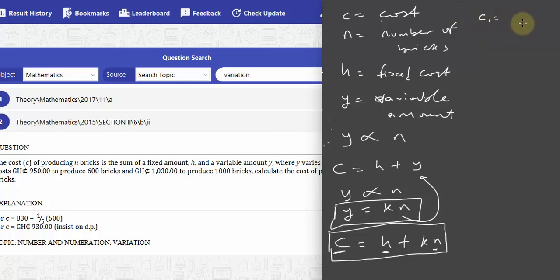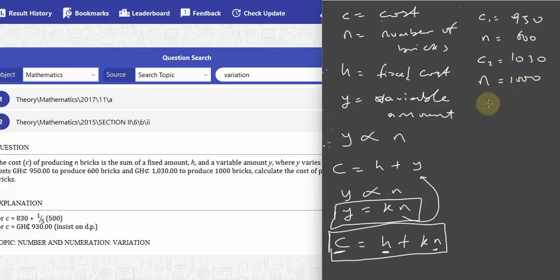We can say the first cost is 950 Ghana cedis when N is 600 bricks. Then for C2, we have 1,300 as the cost. The number of bricks that we made happens to be 1,000.